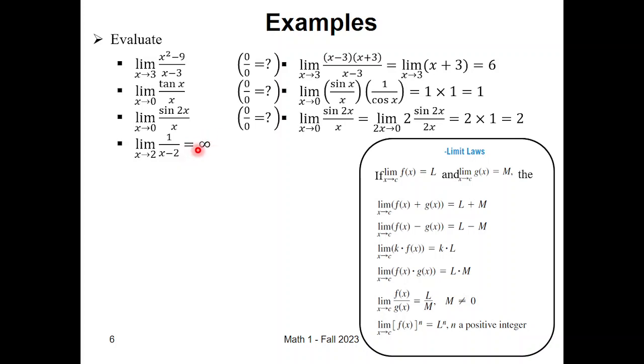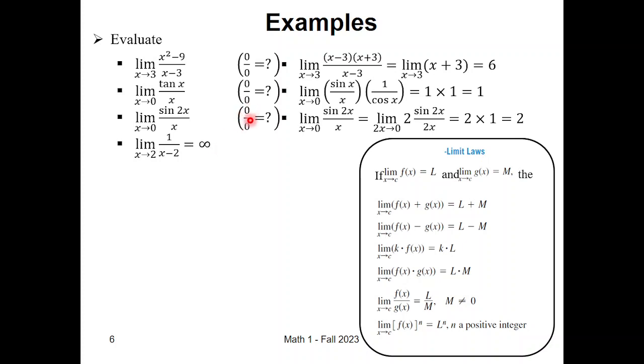Actually, infinity is not a specific real number, but it is only an indication that this function increases without bound when x approaches 2. We don't need any further investigation. The problem has been completed now. We know the behavior of the function as x approaches 2. The function increases without bound.